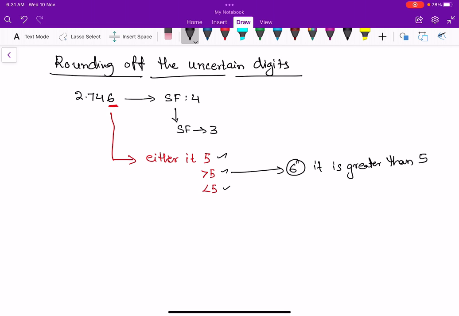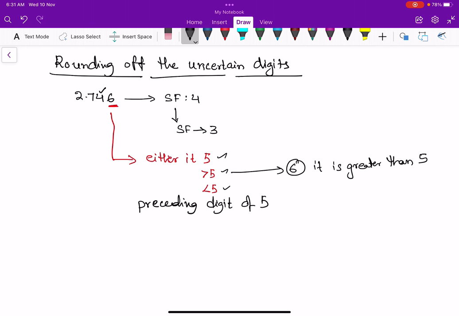Now we check the preceding digit again. The preceding digit is 4.